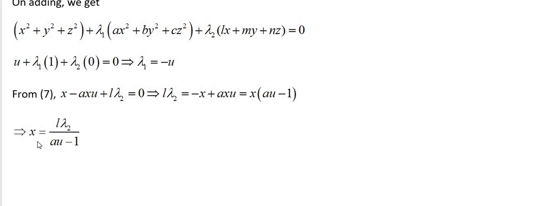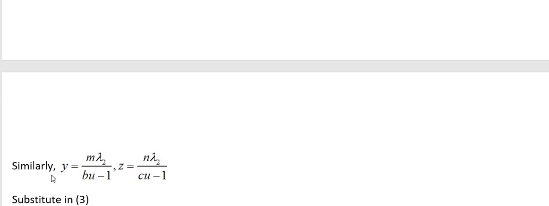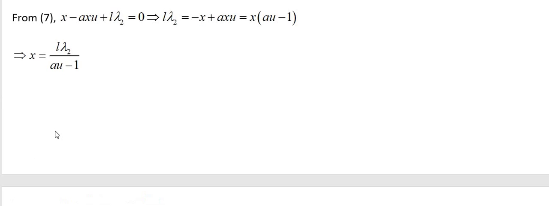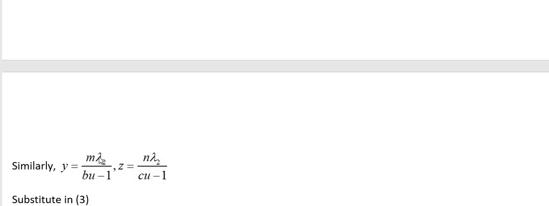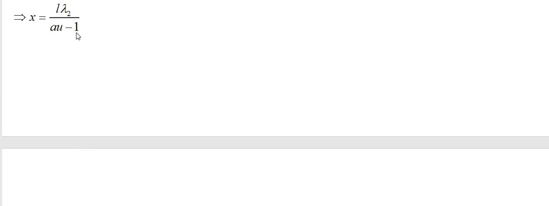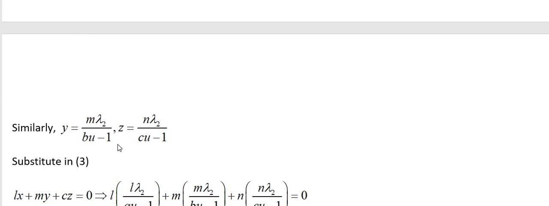So x value is L into lambda 2 divided by au minus 1. Similarly, y equals, observe, wherever x is there we get L, if y is there, m, if z is there, n. Next, au minus 1, here bu minus 1, here cu minus 1.